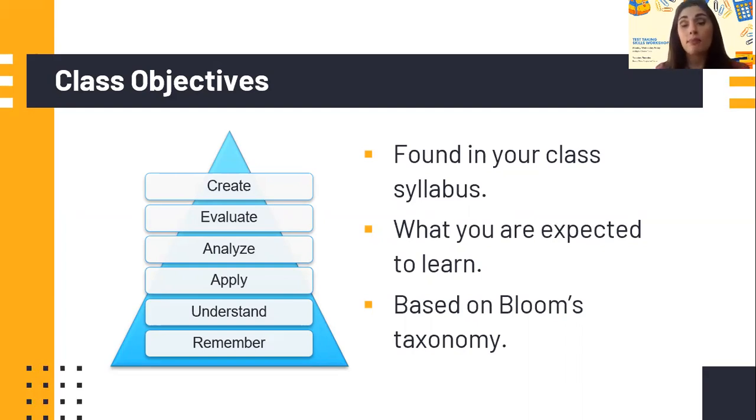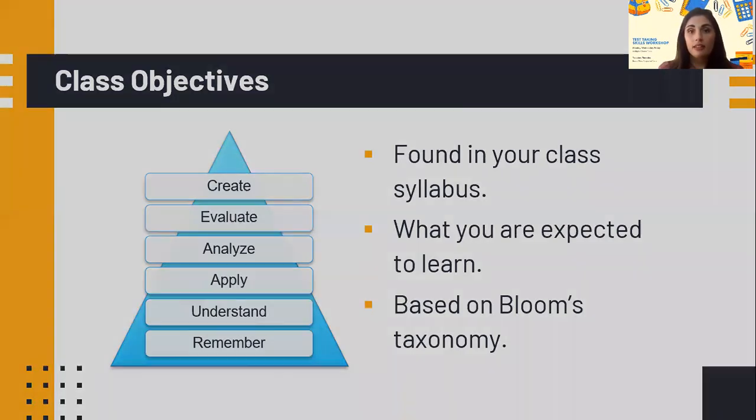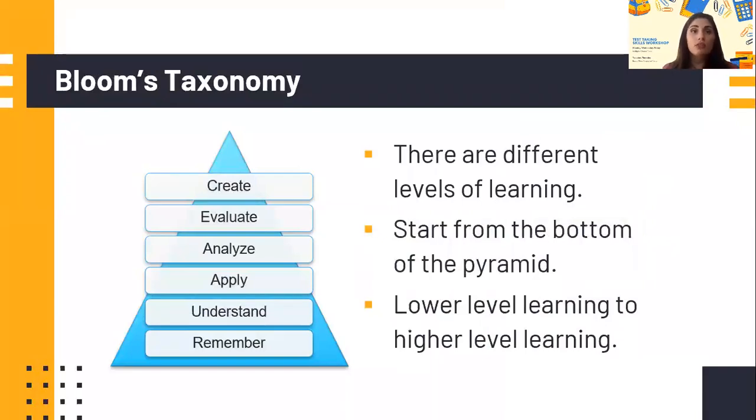They are all based on something called Bloom's taxonomy. Now, Bloom's taxonomy, I don't expect you to remember that, but it is this pyramid that we see on the left-hand side. It is to remember, understand, apply, analyze, evaluate, and create. This goes to show that there are different levels of learning.